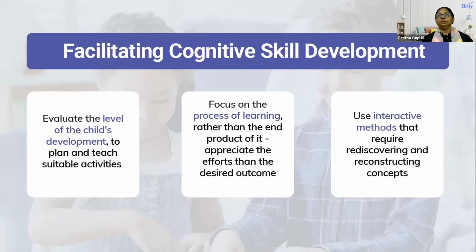That is the process involved in doing fill in the blanks. So focus on the process of learning. The content, the end product, will come automatically. When we have to facilitate cognitive skill development, be very aware that as educators we should work on the learning process. The end product or the answers, the correct or wrong answers, will come as a result of the process of learning.